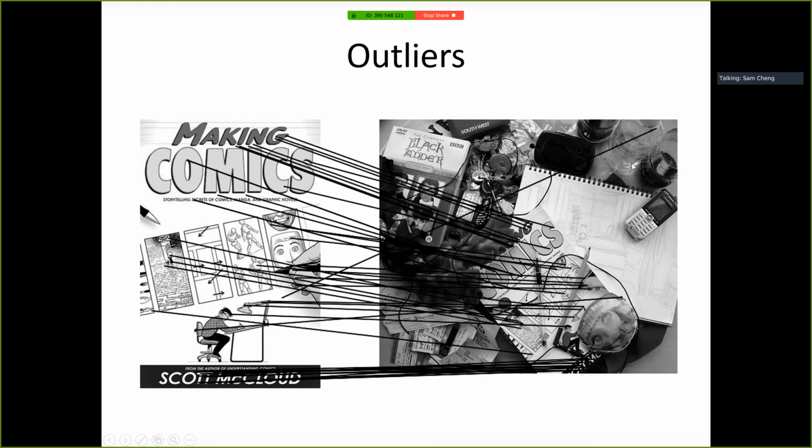So if you just get all these matches and try to solve the set of linear equations, if you remember last time, to solve the homography parameters, it won't be very stable, and sometimes we'll get something totally off, for example if we include some of these, a solution like this.